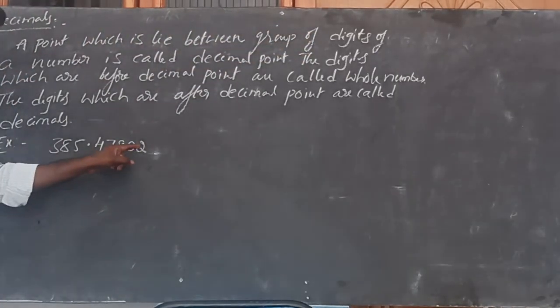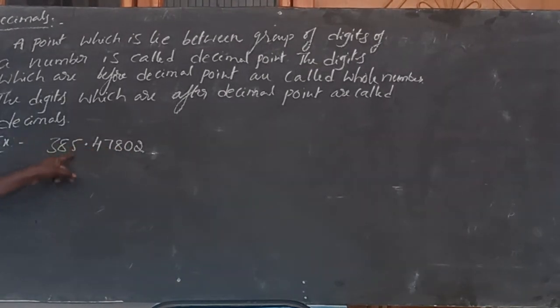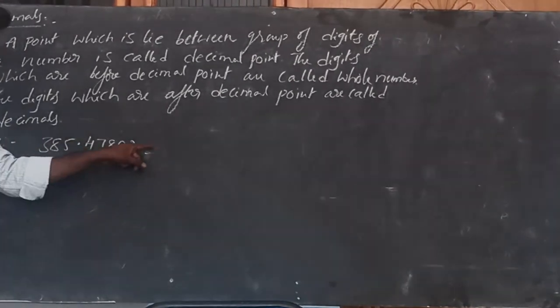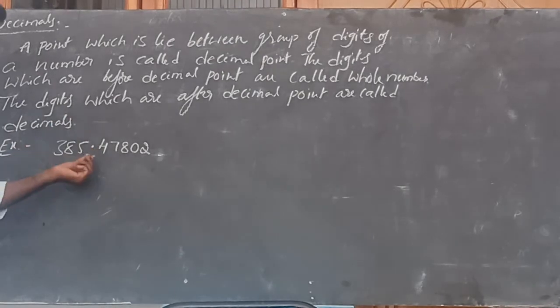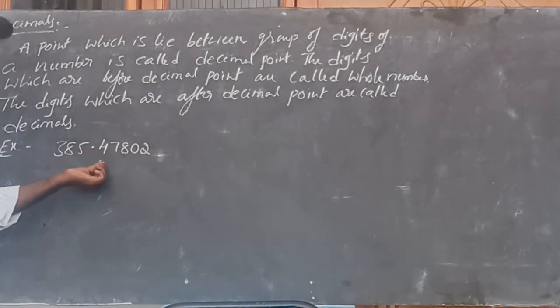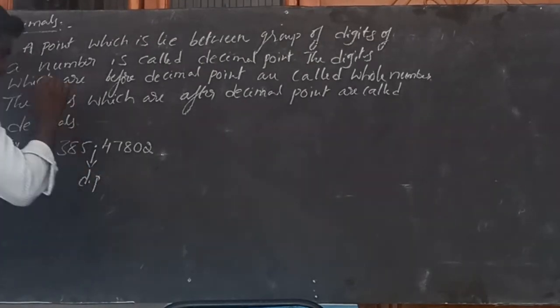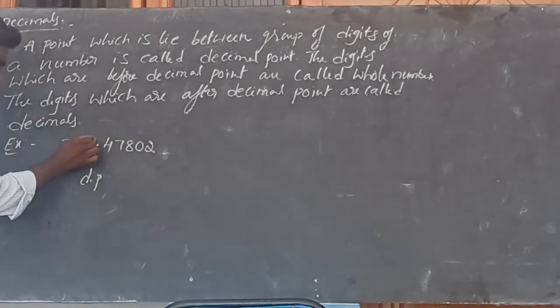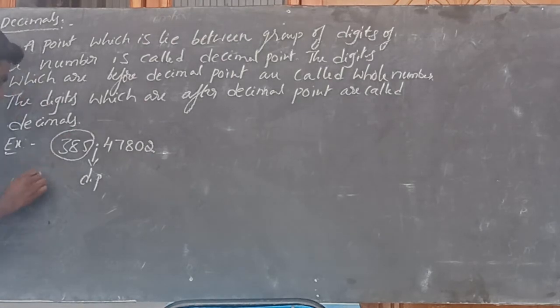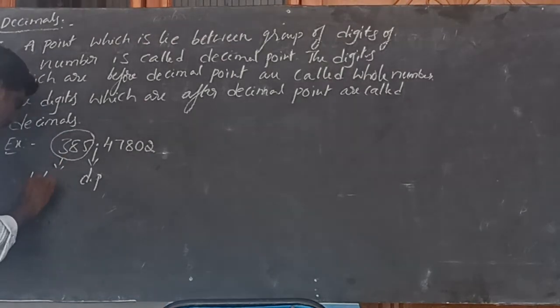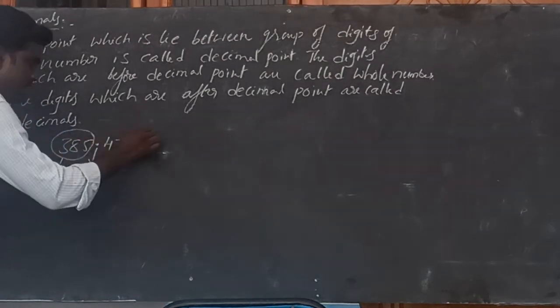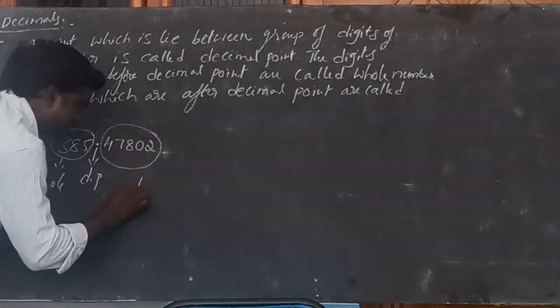Here how many digits are there? 1, 2, 3, 4, 5, 6, 7, 8. So in the digits of a number, a point which lies between the digits is called the decimal point. Before the point, the digits of the number are called the whole number. After the point, the digits are called decimals.